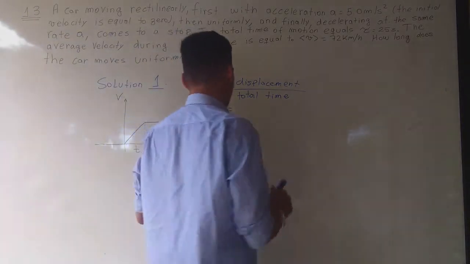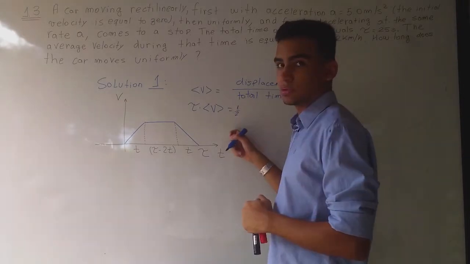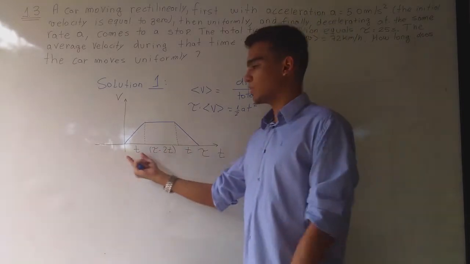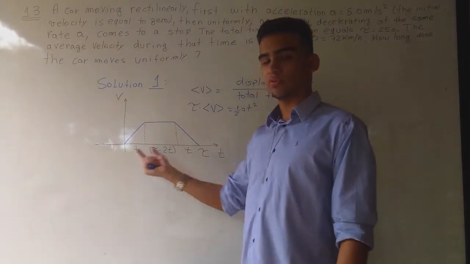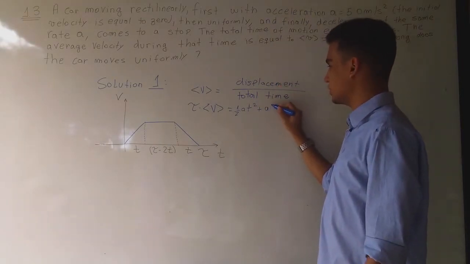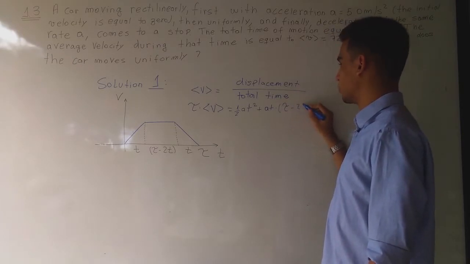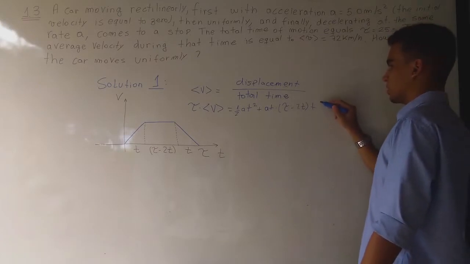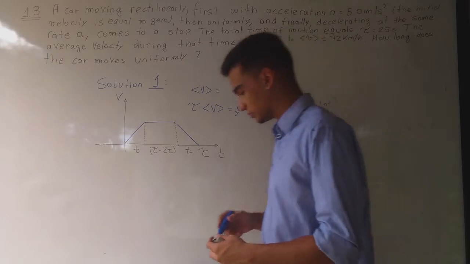The displacement of the first part of the motion is equal to 1/2 a t squared, where t is the time of the first part of the motion. The second part is just at times tau minus 2t, plus 1/2 a t squared.